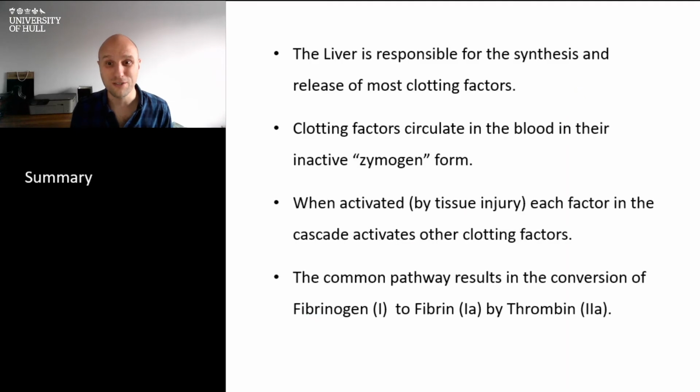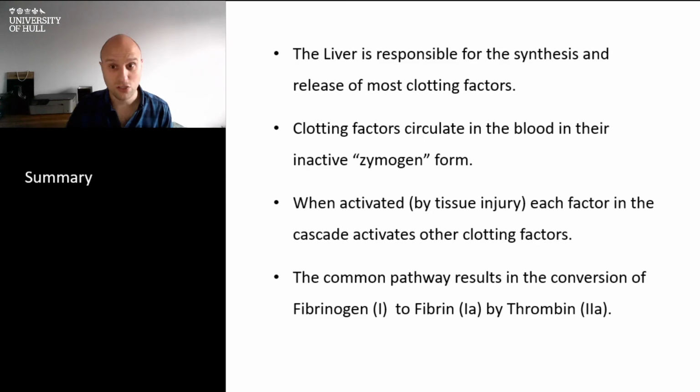So it's a very brief tutorial, this one, but in this tutorial we've stated that the liver makes the majority of the clotting factors. They're released into the blood in their inactive form, so you haven't just got random clotting going off all over the place.